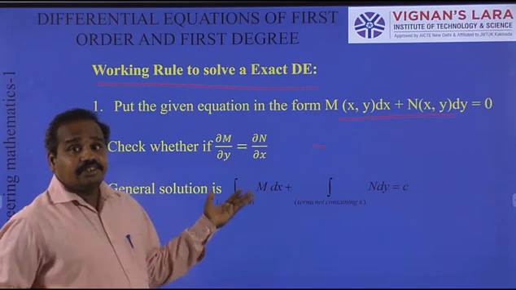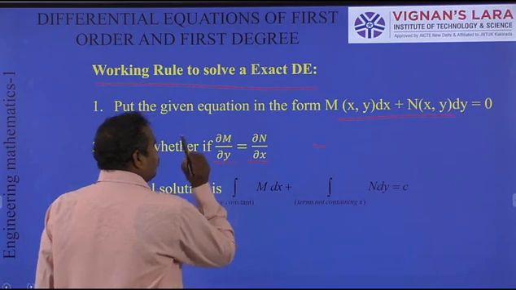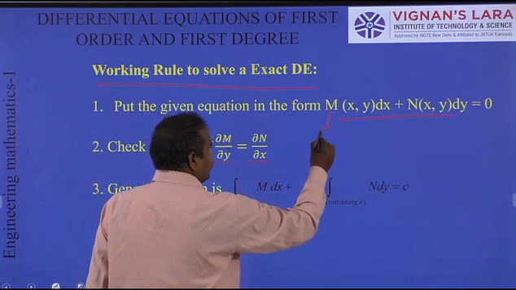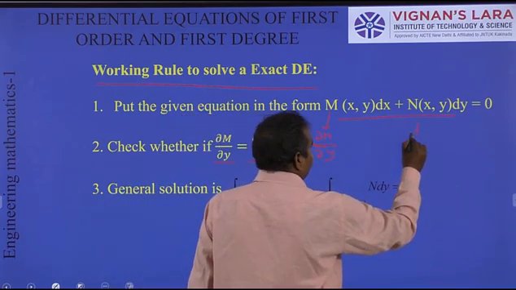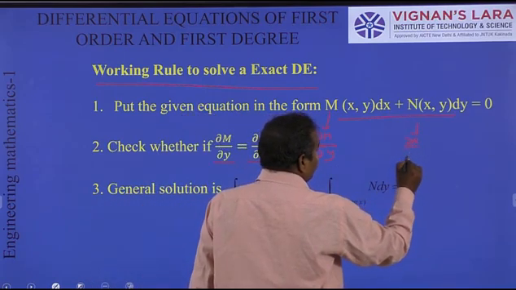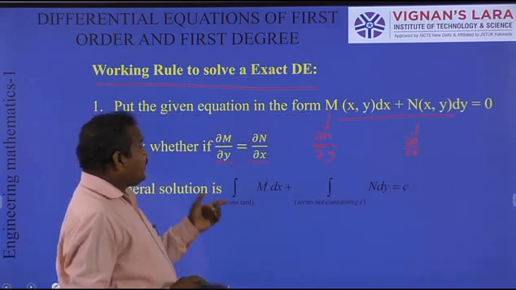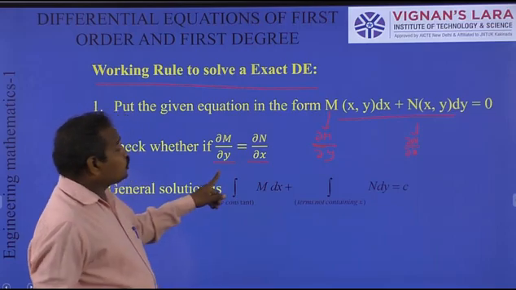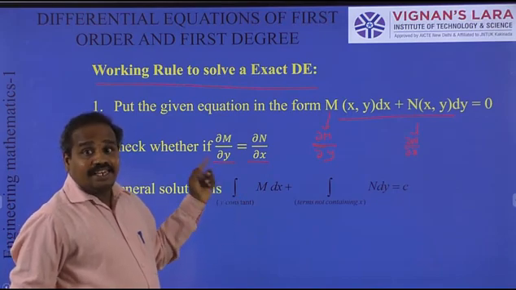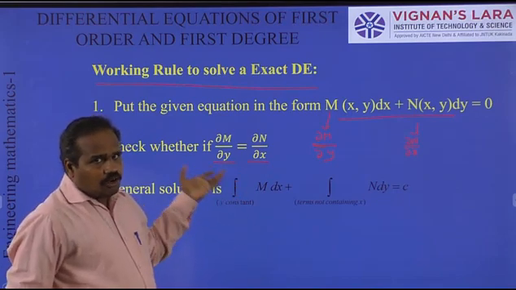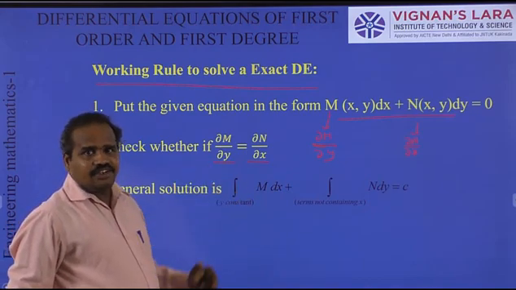Then we calculate the partial derivative of M with respect to y and the partial derivative of N with respect to x. If those two are equal, the equation is an exact differential equation. If they are not equal, it is a non-exact differential equation.